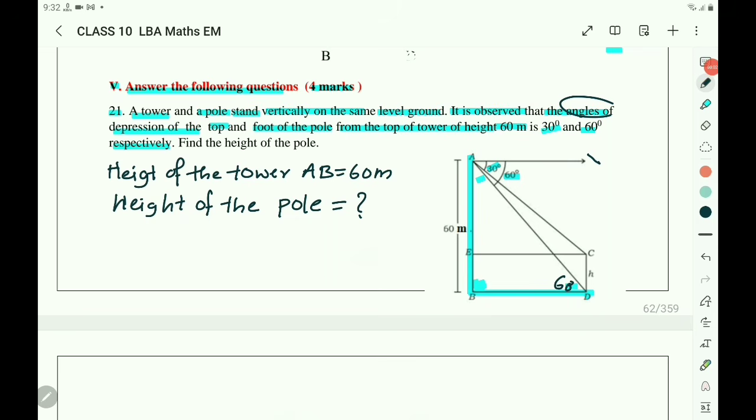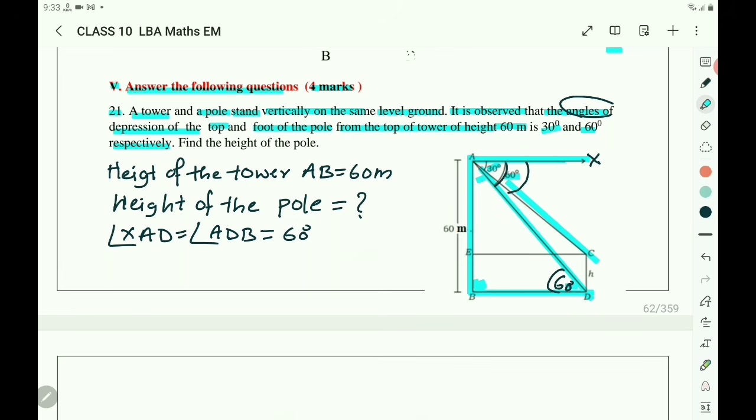Let us take this point X and this is 60 degree. What is the name of that angle? Angle XAD is equal to angle ADB. Both are equal to 60 degree. Similarly, you take this angle, that is XAC.